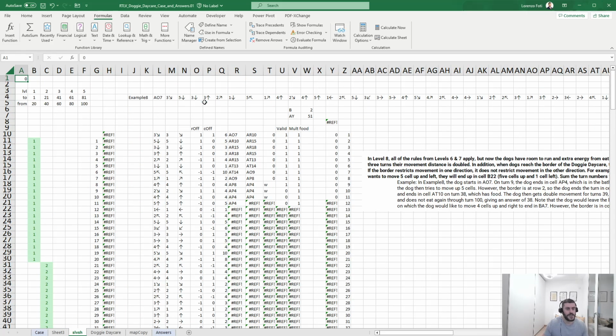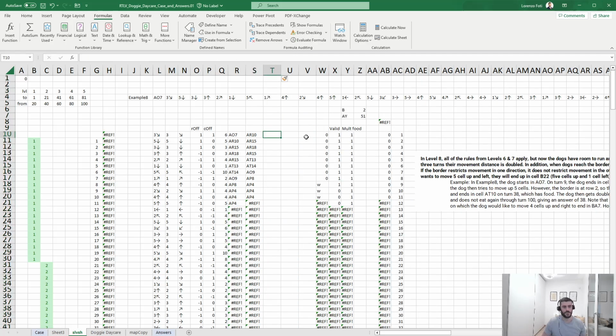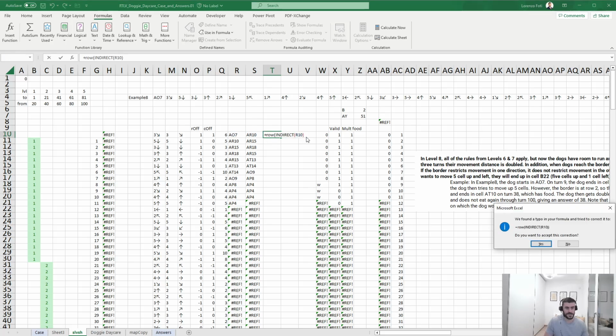Okay, so what happens is that if I get an error here, I will need to manage the out of bounds. So let's add a few more columns. I will take the row of indirect of this.